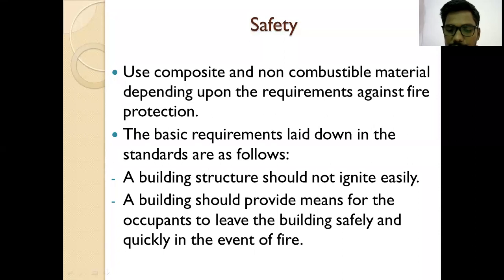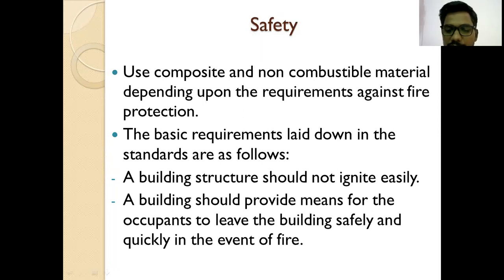Whatever circulation elements are there, maybe lift, escalator, and stairs, these should be easily accessible to each and every occupant. Generally, we plan the staircase, lifts, and escalators at the mid position of the building, and we try to provide easy access to each and every unit of the building.